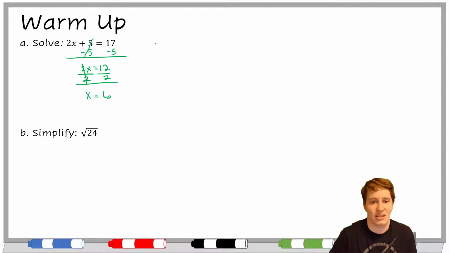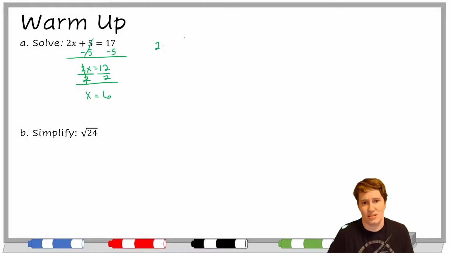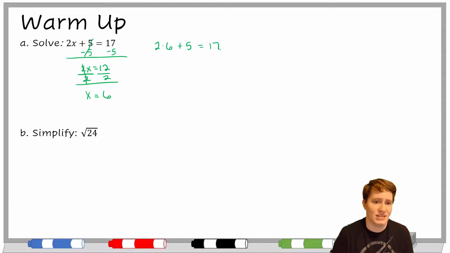Because that is almost always technically an option in math: you can guess if the answer is 10 and check to see if you're right, and you can do that until you find the right answer. But because we use this method, we know that 6 is what should work. So we can say, okay, 2 times 6 is 12 plus 5 equals 17. Yeah, we did it right. So that's the idea of solving a linear equation.